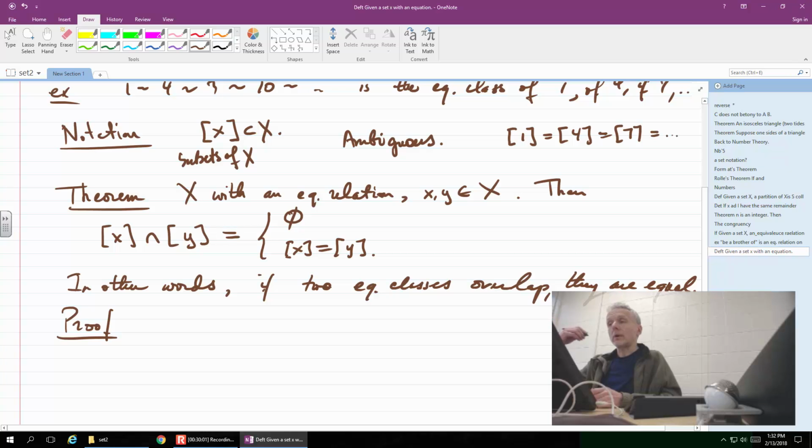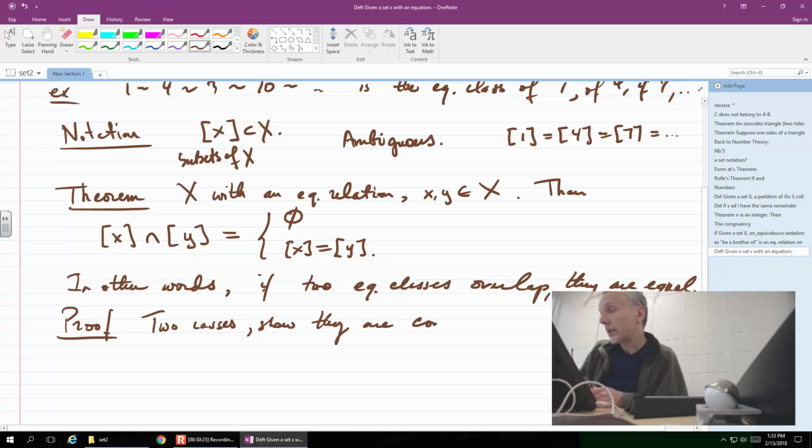Show that one case is the complement of the other. The point here is to demonstrate that there are no others, and the two cases are complements.